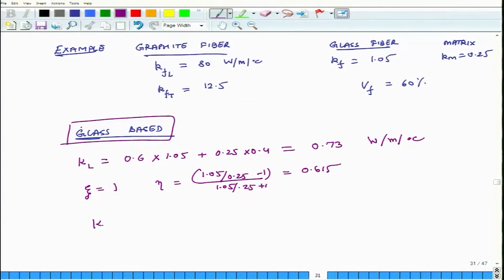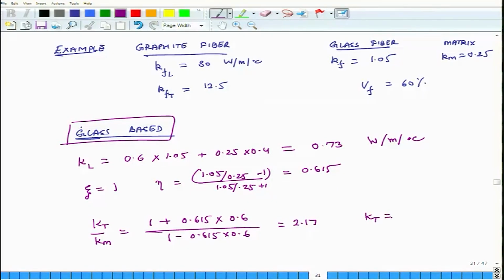So, KT over Km equals 1 plus 0.615 into 0.6 divided by 1 minus 0.615 into 0.6. So, this gives me 2.17, or KT equals 0.543 watts per meter per degrees centigrade.